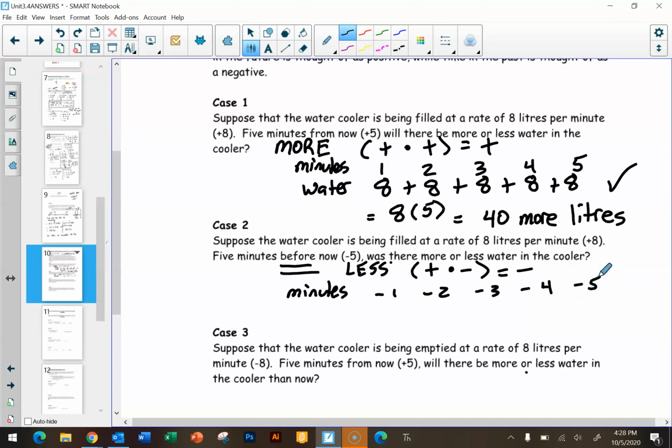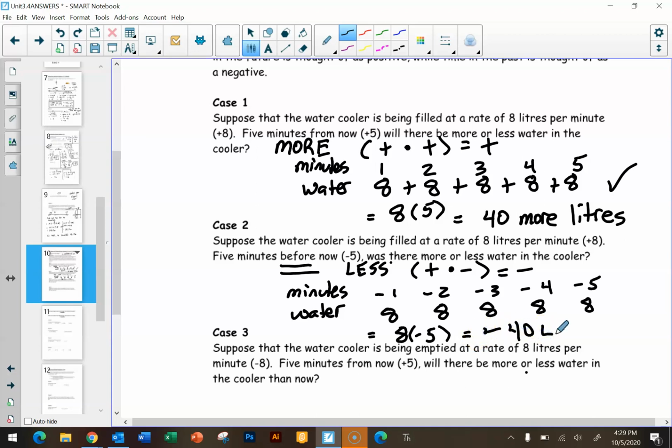Negative 5. So really what we're doing with our water is 8 liters is flowing out every minute. So if we look at it this way, it's going to be 8 liters, but our time is going to be negative on this one, which means we get a negative 40 liters.